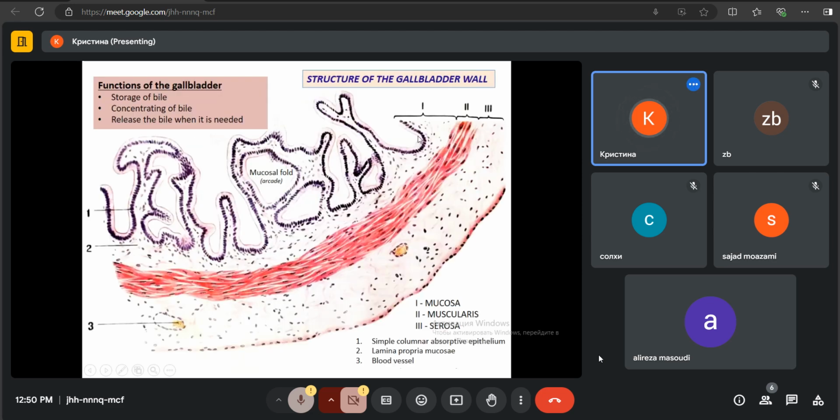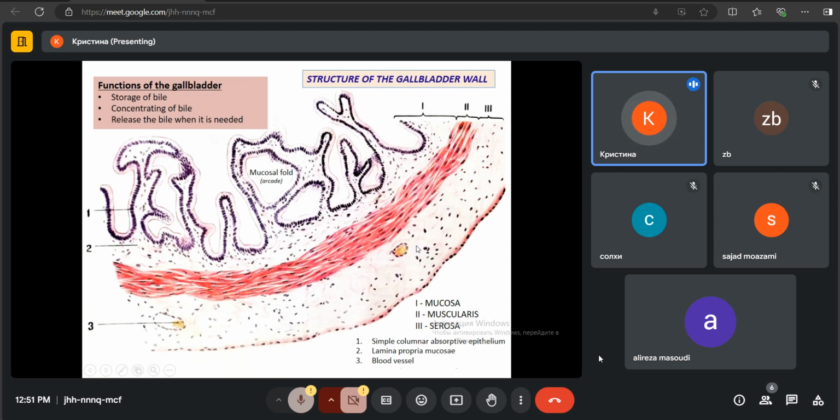In the mucosa, we have just two sublayers: the epithelium, which is simple columnar absorptive epithelium, like in the small intestine with brush border, and lamina propria mucosa. In muscularis, we have two layers of smooth muscle cells, not very well seen, and the border between those two layers.